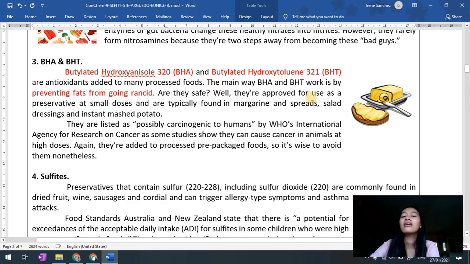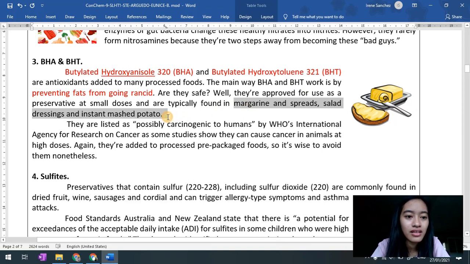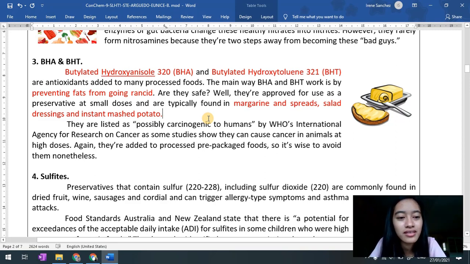Are they safe? Well, there is an approved use and dose that the preservatives can be added, and it's regulated. They are typically found in margarine and spreads, salad dressing, and instant mashed potatoes. Okay, margarines, sandwich spreads, salad dressings.